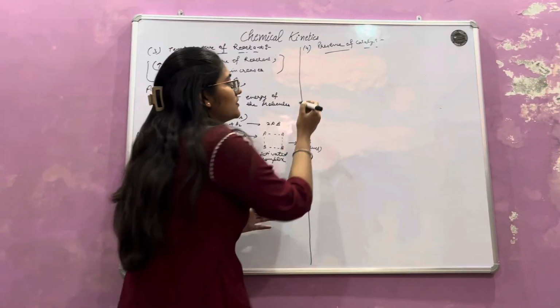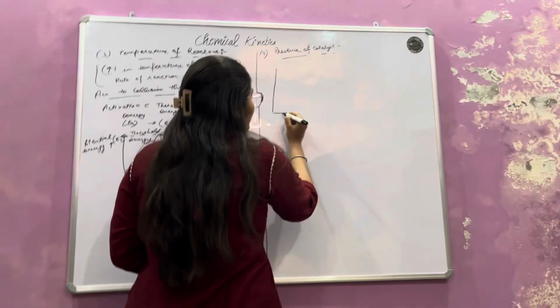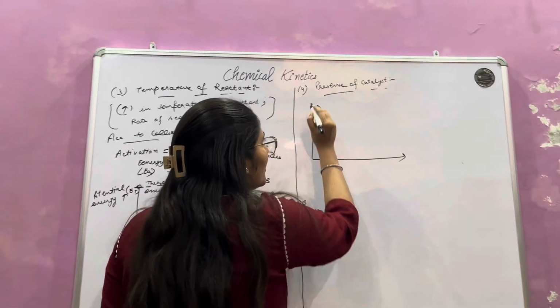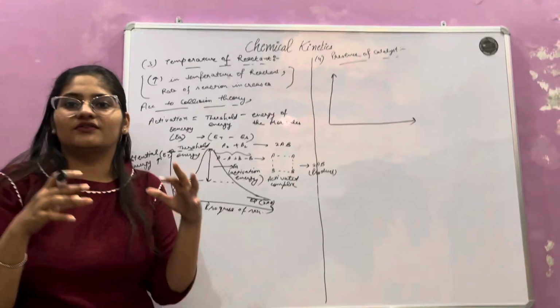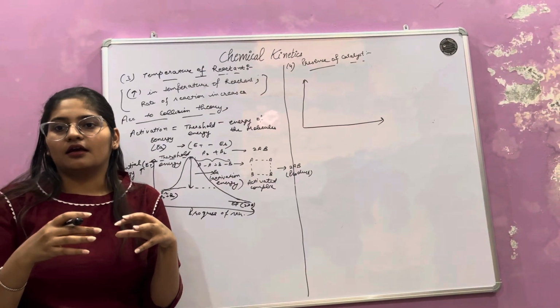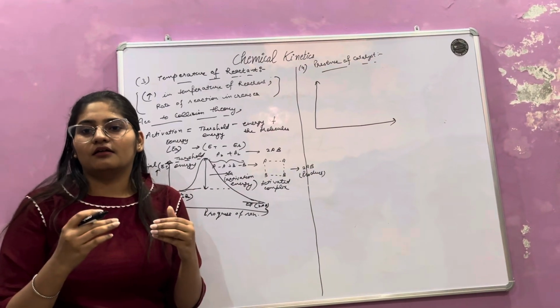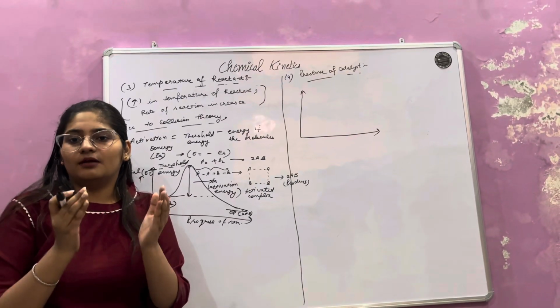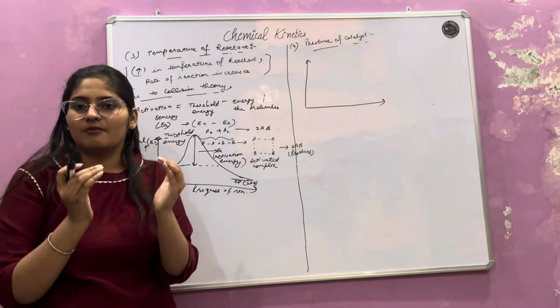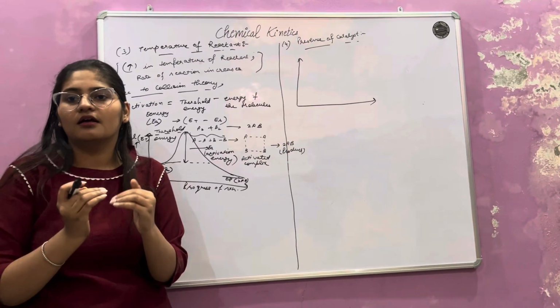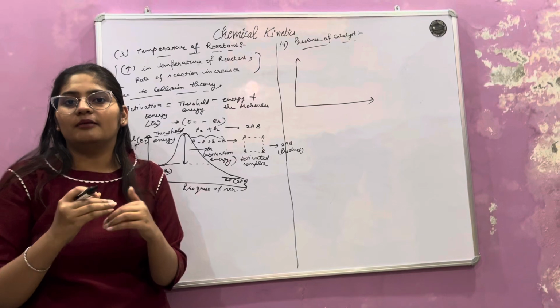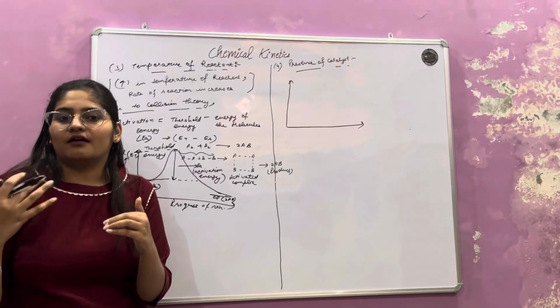Because it decreases the activation energy of forward reaction and backward reaction to the same extent. Because the activation energy decreases to the same extent for forward and backward reactions, equilibrium will be attained faster.